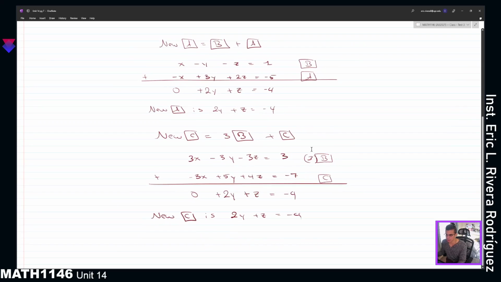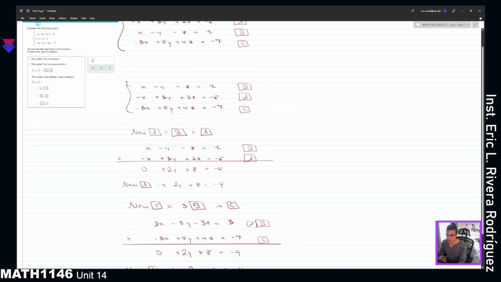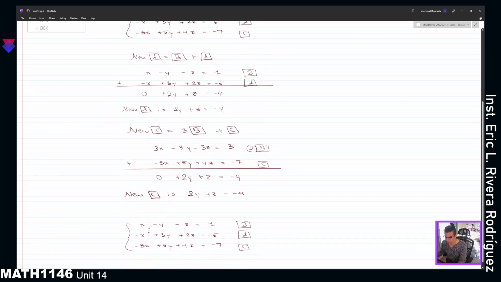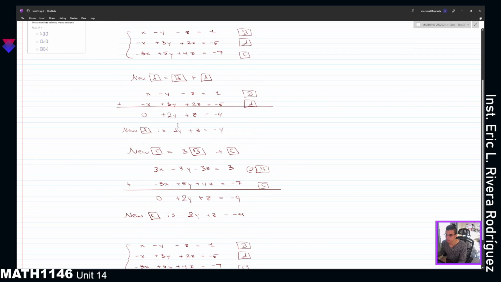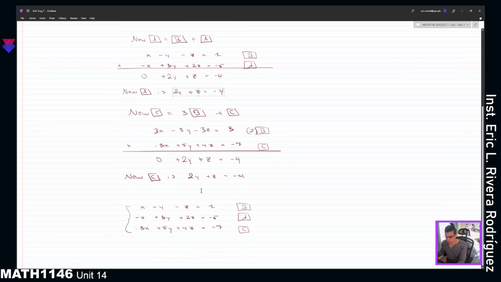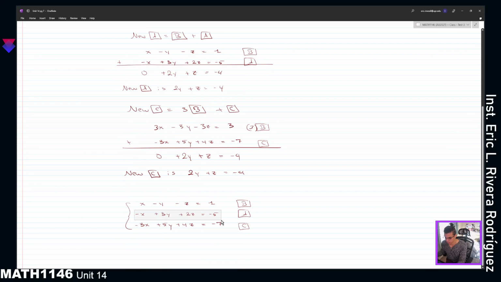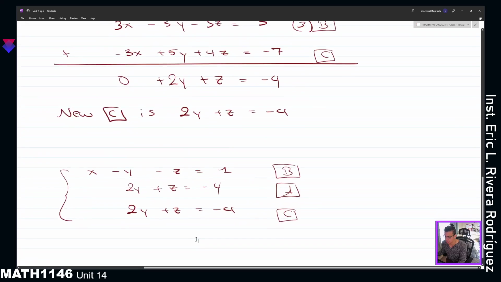Let me update the system and we are going to see what happens there. So new A is 2y plus z equal -4, and new C is also 2y plus z equals -4.